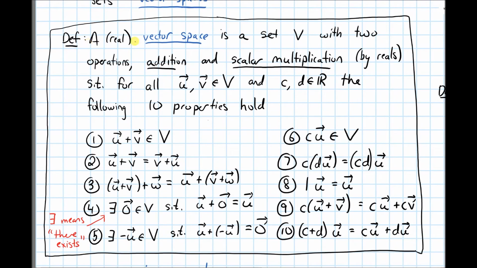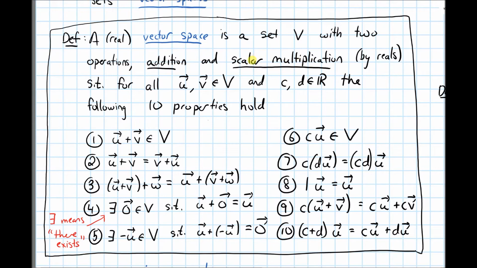A real vector space, and I put the word real in parentheses because we could have complex vector spaces as well, although we won't really be talking about those in this class much at all. Mostly we're going to focus on just real vector spaces, and that means we're limiting ourselves to real numbers. It is a set V with two operations: one called addition, one called scalar multiplication.